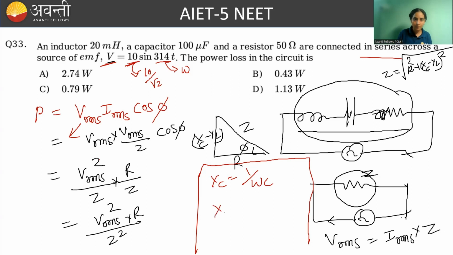XL is omega L, so 314 into L, which is 20 into 10 to the power minus 3. For XC, 1 by omega 314, and C is 100 microfarad, that is 10 to the power minus 4 farad. Just put in the values and you'll get the answer.